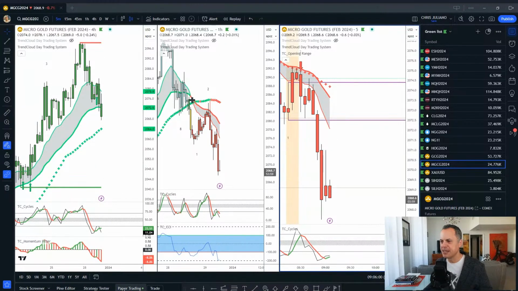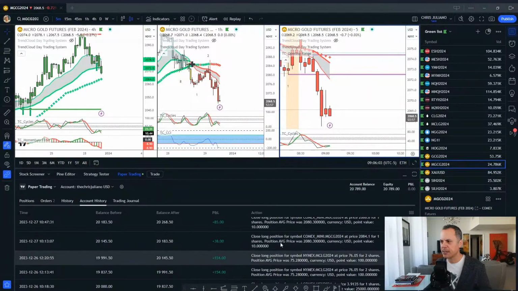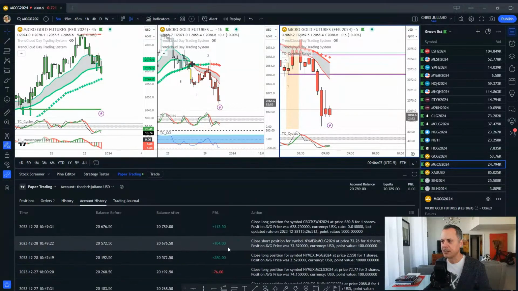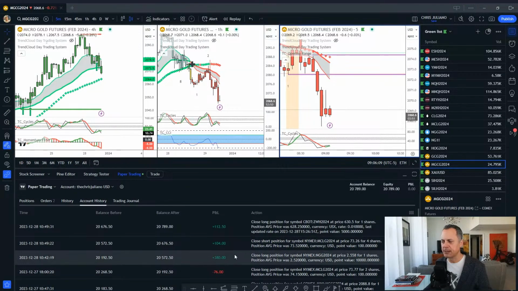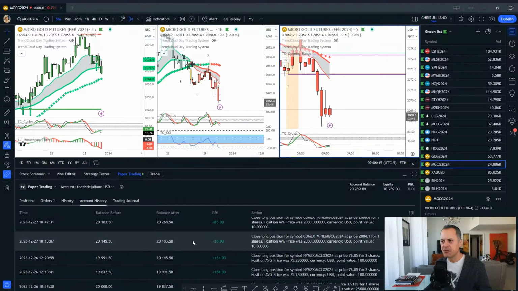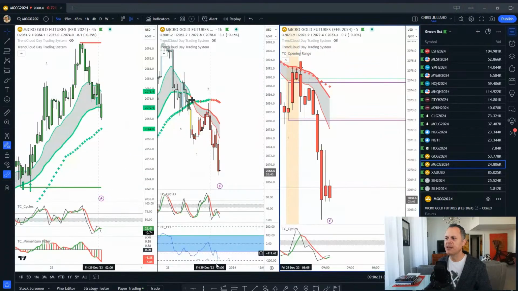Once you start seeing profit in the simulator and that you're in the green, start with $20,000 and pay attention to it and trade as if it were real. That is the only way that you're going to transition into the live account.